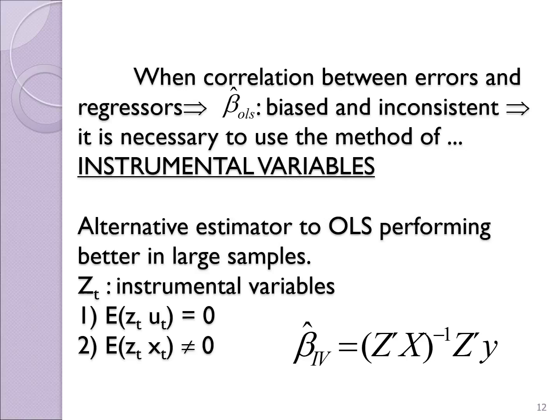If those conditions are in place, then we can write the formula of an estimator, which is the instrumental variable estimator, and that is equal to (z prime x) to the minus 1 z prime y. So let me remind you what this is.